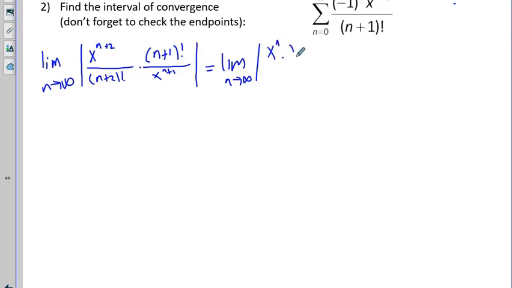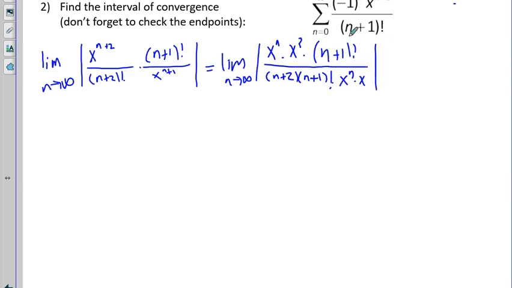X to the n times x squared times n plus 1 factorial over n plus 2 times n plus 1 factorial times x to the n times x. Okay, so the n plus 1 factorials go away, the x to the n's go away. There's an x, that's an x squared. Sorry, that handwriting is bad. And I'm going to cancel those, so that's gone, and I'm left with x in the numerator and n plus 2 in the denominator.